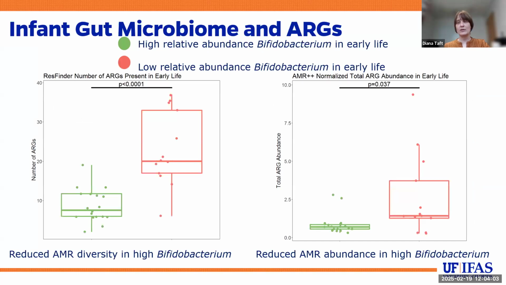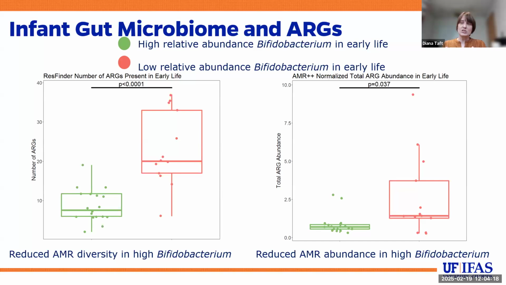Part of the reason why I struggle to think about this is during my postdoc work, I was able to show that babies who have high levels of bifidobacterium tend to carry reduced diversity and reduced abundance of resistance genes.